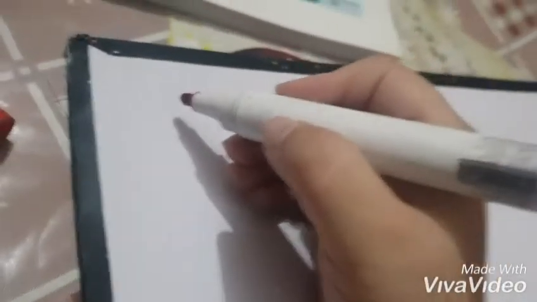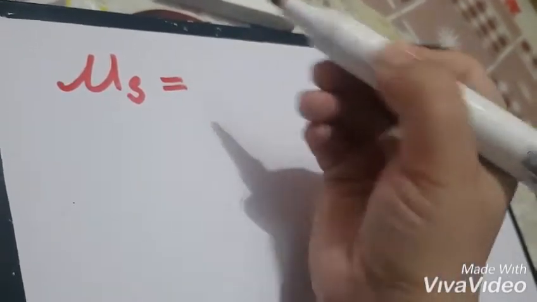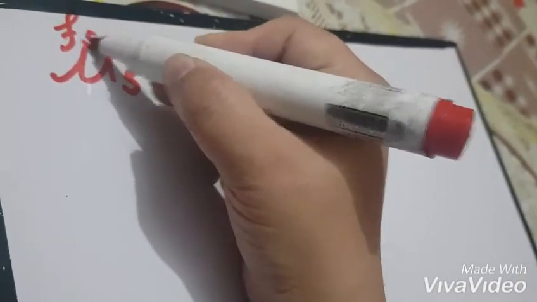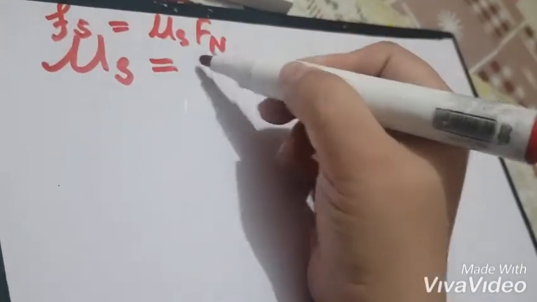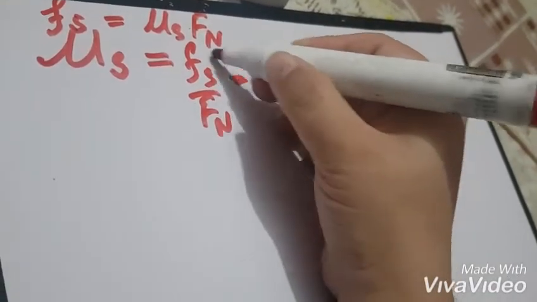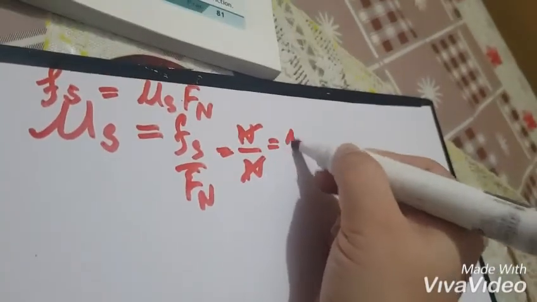So every friction has such a coefficient; this coefficient is mu s, the coefficient of static friction, and mu s is equal to, because our formula was Fs equals mu s Fn, if we divide by Fn, then Fs divided by Fn. The unit of frictional force is Newton, and the unit of normal force is Newton. They cancel out with each other, and it is a unitless quantity.